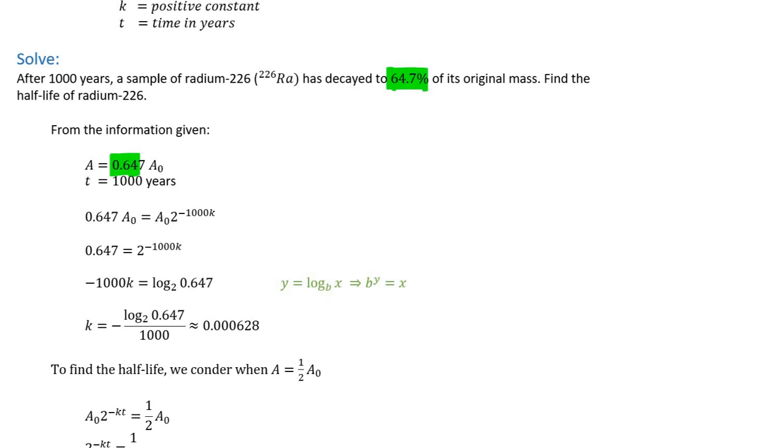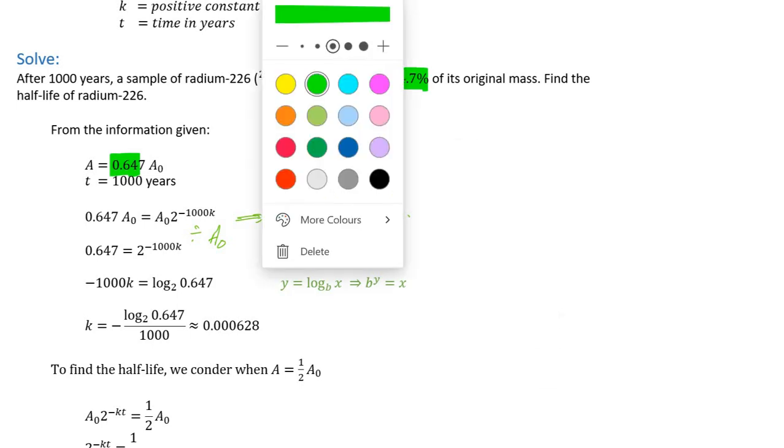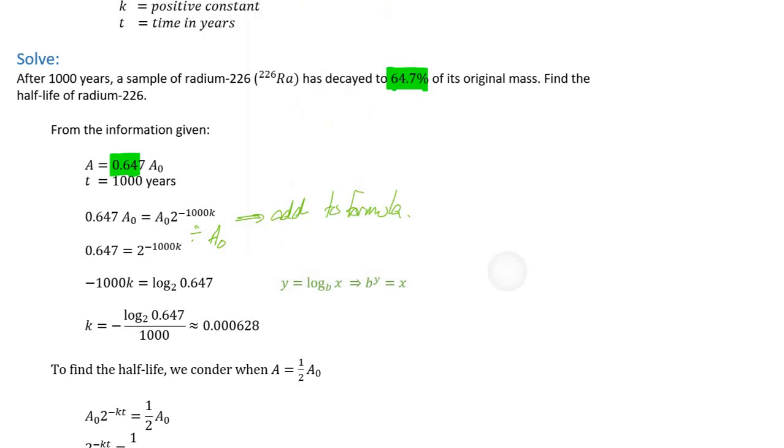So we plug this into the formula. Then we divide through by A0, so they disappear. Now, this line here, I've used a slightly different method. I've converted to log base 2, and we've used this property.